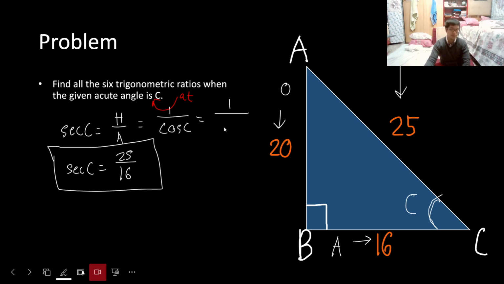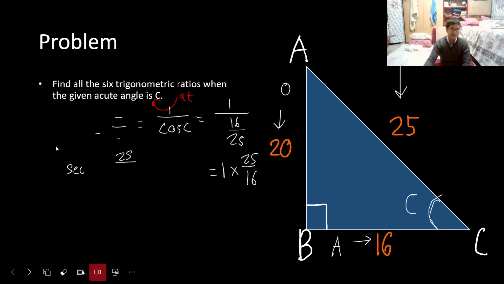If you remember earlier, our answer for cosine C is 16 all over 25. Now we can simplify that fraction: copy the numerator and denominator, but switch their positions. So you will have 1 times 25 all over 16, which is 25 all over 16. That's your answer.